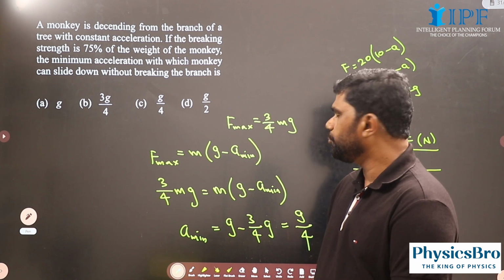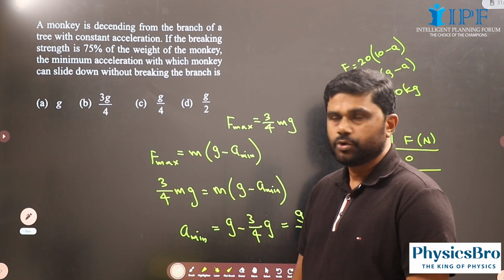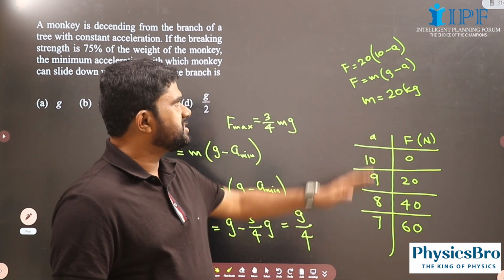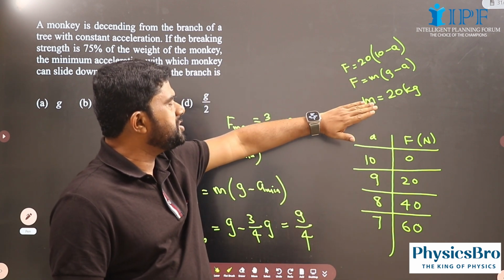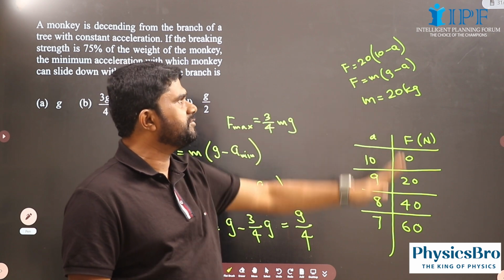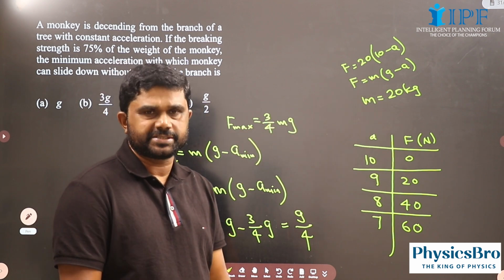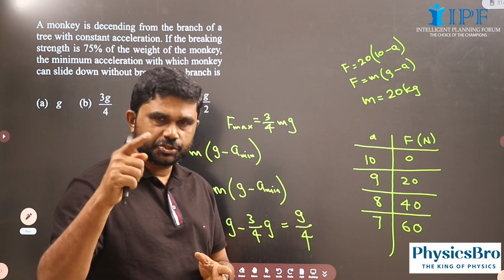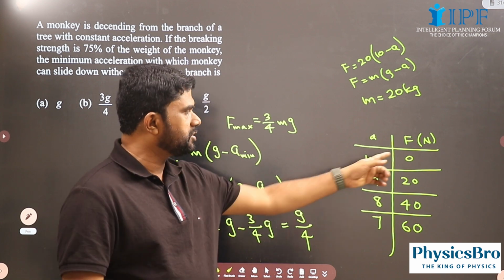That is 3 by 4 mg, that is F max. And the monkey is going down with an acceleration a. Mass of the monkey is 20 kilogram, and the force is m into g minus a. It will be 20 into 10 minus a. When acceleration of the monkey is 10, the force on the branch will be 0.